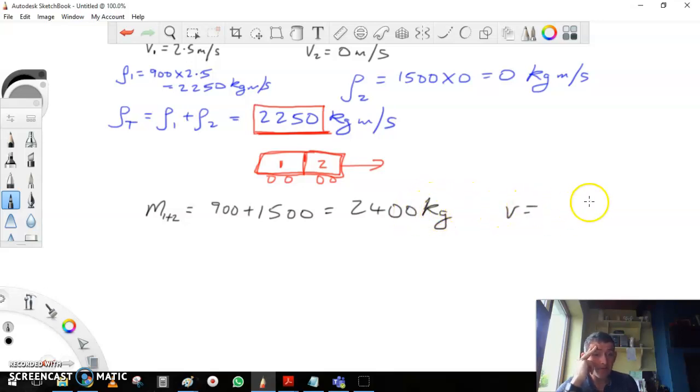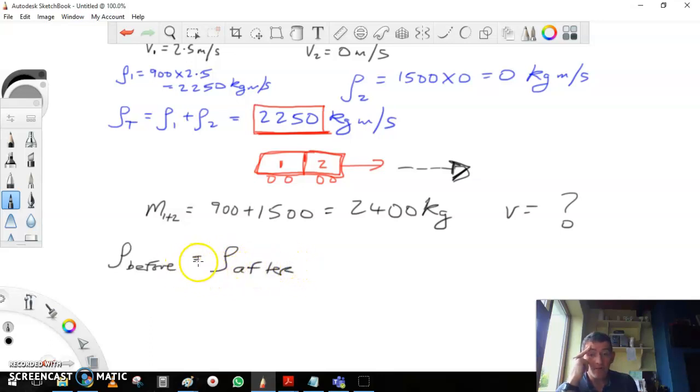The velocity after the collision we don't know, but it'll be moving down the road in this direction here. According to the law of conservation of momentum, the total momentum before equals the total momentum after collision.